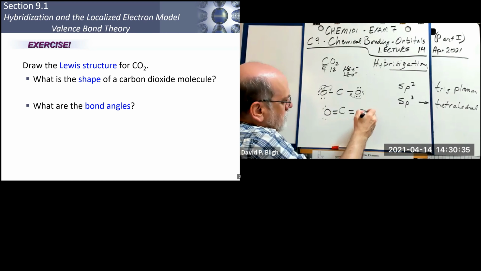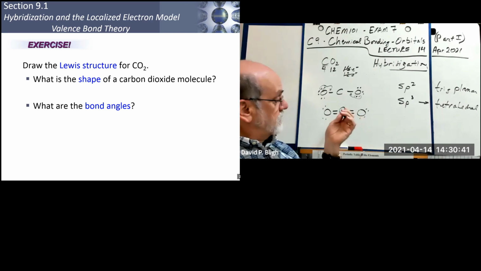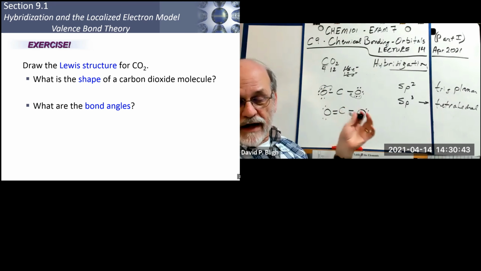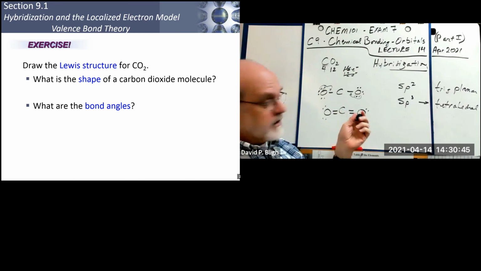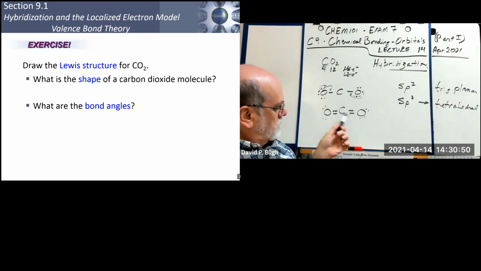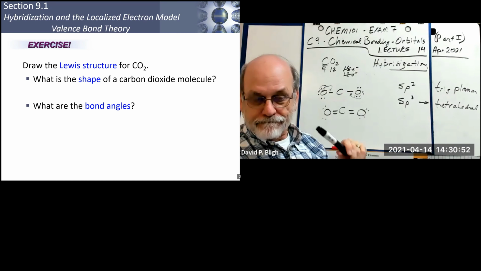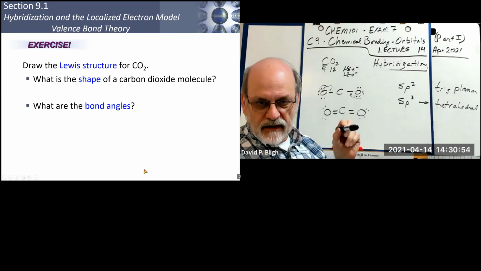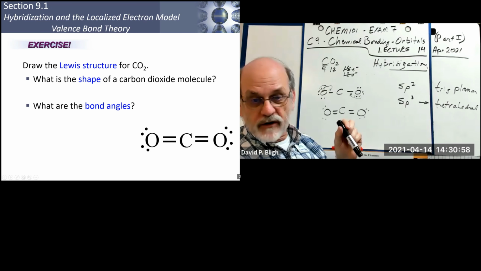So that's our carbon dioxide molecule with the localized electron model. The VSEPR tells us that molecule is linear because you only have 2 here. So there it's linear and the bond angles are 180 degrees.